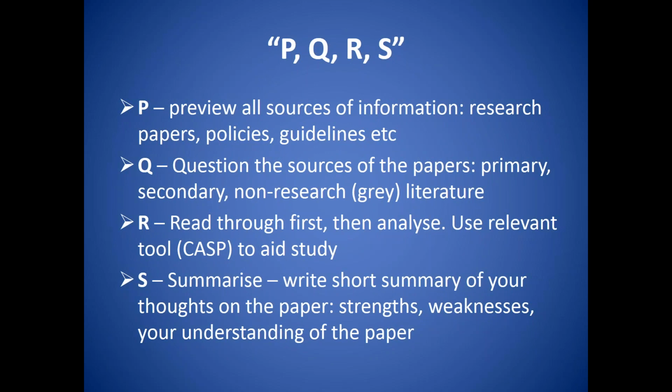So then we're going to read through it, like I've said, and you can use the CASP tool, which is the critical analysis tool. I don't know if any of you are familiar with it. There is a link at the end of this PowerPoint for that as well. If you click on that page, it's really useful because it gives you a flowchart almost of how to critique each type of paper.